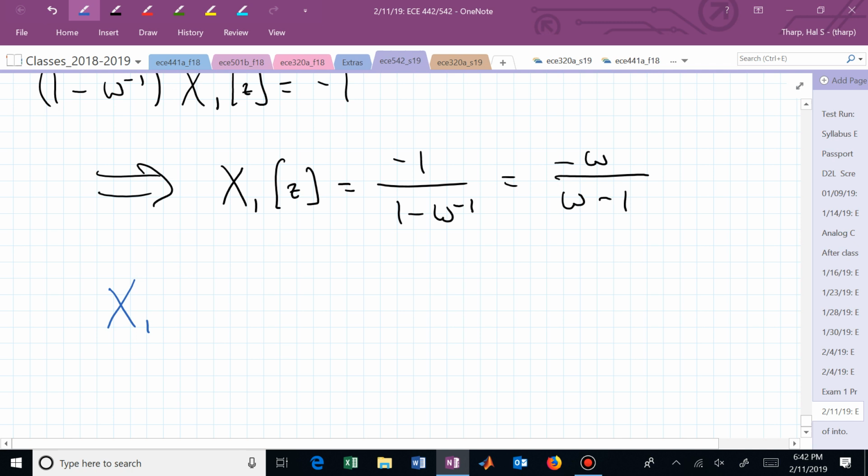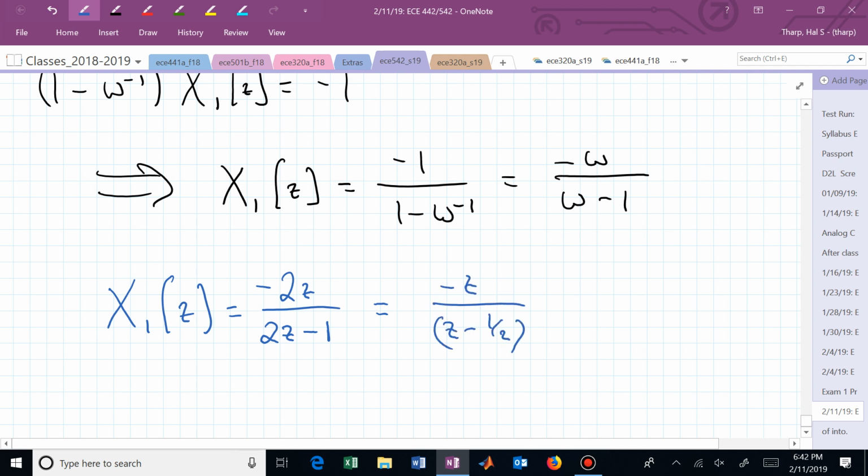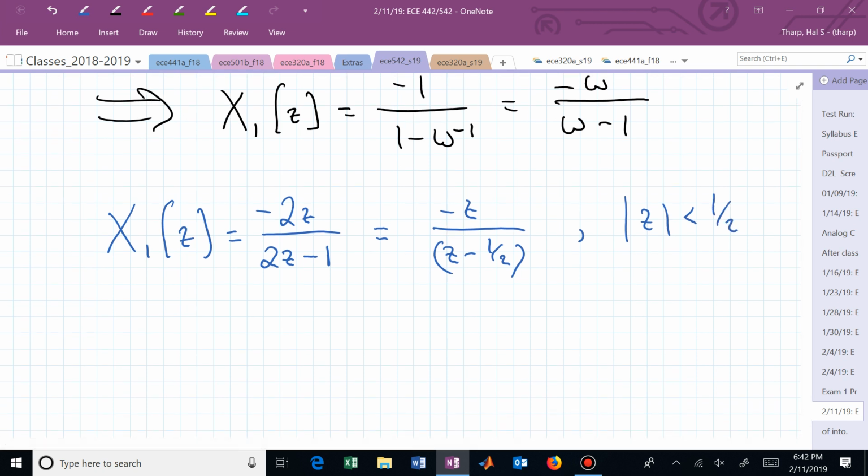This is supposed to be capital X1 of z. We replaced w with what we defined it to be, which was 2z. And that looks a little odd, so factor a 2 out of the numerator and the denominator, and we have minus z over z minus 1/2. And what was our region of convergence? Magnitude of z less than 1/2.